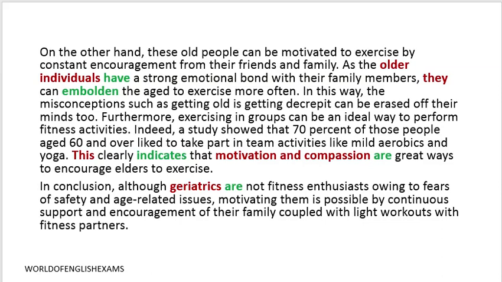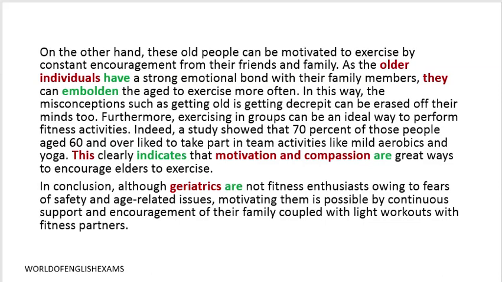In this way, the misconceptions such as getting old is getting decrepit can be erased off their minds too. Furthermore, exercising in groups, again plural, can be an ideal way to perform fitness activities.